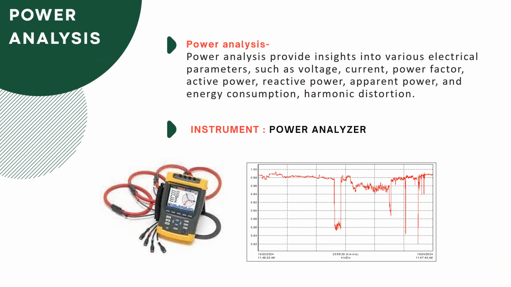Now the next one is power analysis, and this is done mainly in electrical systems. Like for transformers we do power analysis, for DGs we do power analysis. So what is power analysis? Power analysis provides us insight into various electrical parameters like voltage, current, power factor, active power, reactive power, apparent power, and energy consumption, that is, the energy consumption for a particular period of time, and also harmonic distortion.